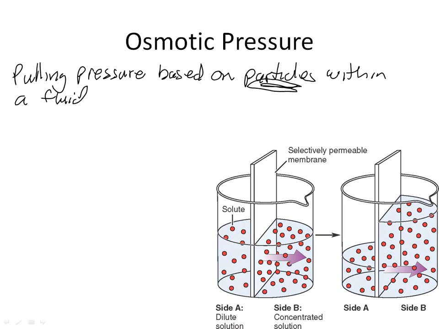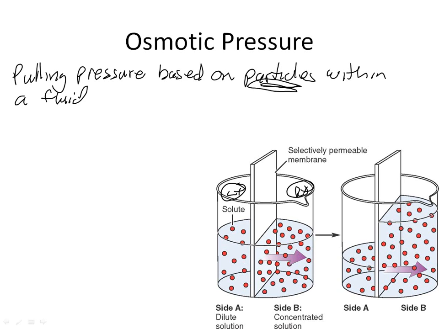So we're going to use the same two beakers down here, but the principle is pretty much going to remain the same. In this case, we actually will have a semipermeable membrane here that is only going to allow fluid, and we'll just call it water, from the left side of the beaker over to the right side of the beaker itself.